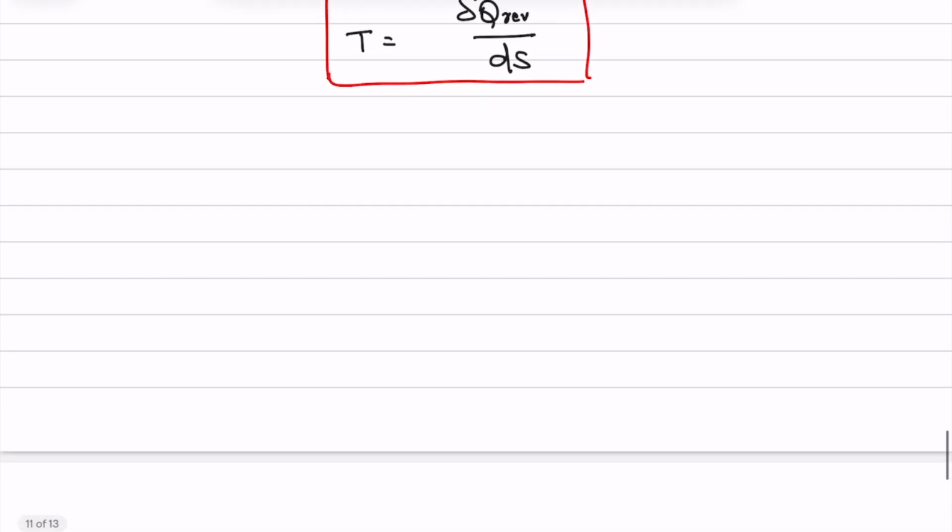Let us consider, for example, a reversible adiabatic process. In this, what happens? There is no heat exchange.